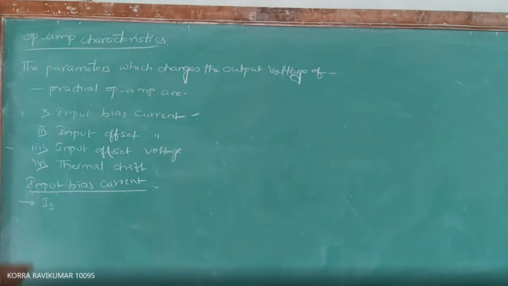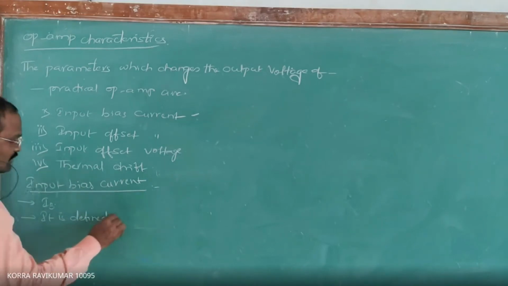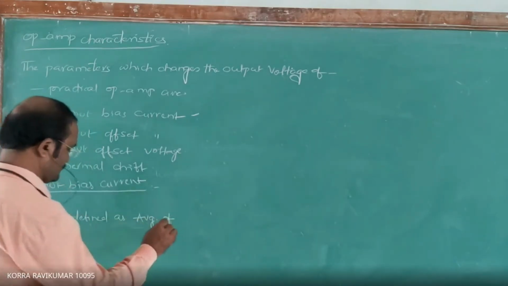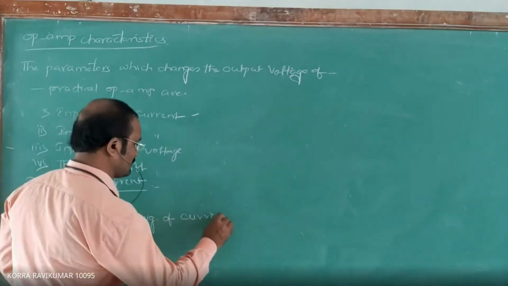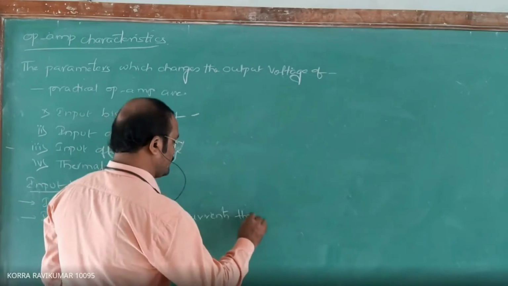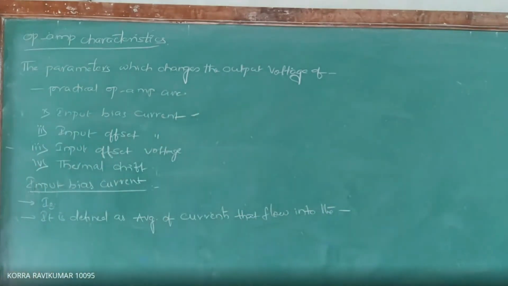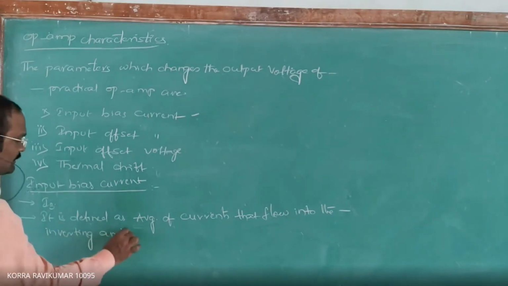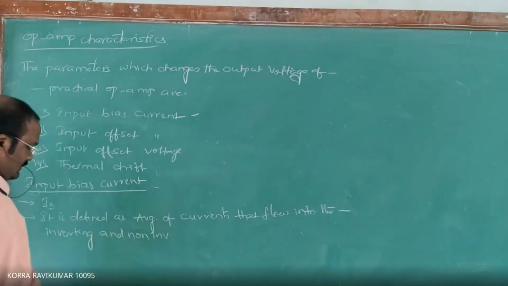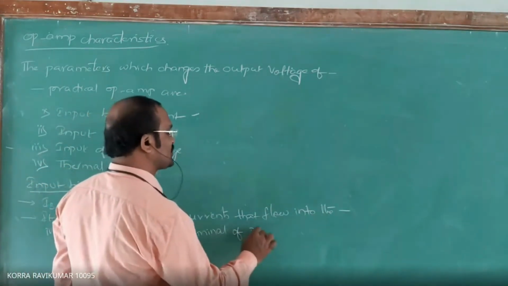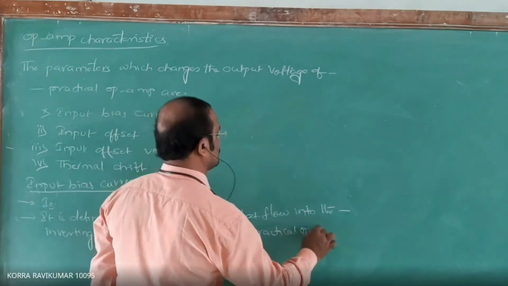Write the definition: it is defined as the average of the currents that flow into the inverting and non-inverting terminals of a practical op-amp is called input bias current.